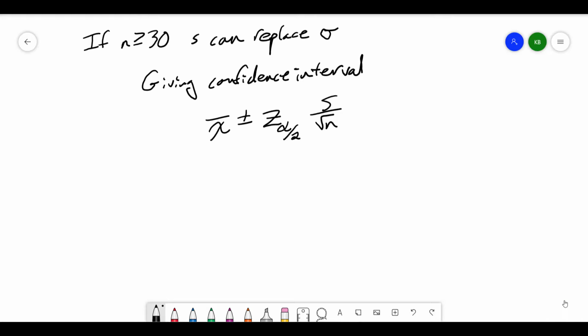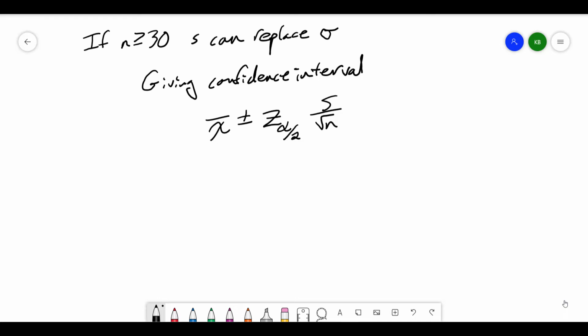So when we do that, then we can have a confidence interval that is our sample mean plus or minus our z-value with alpha divided by 2% of the population to the left of it or right of it.